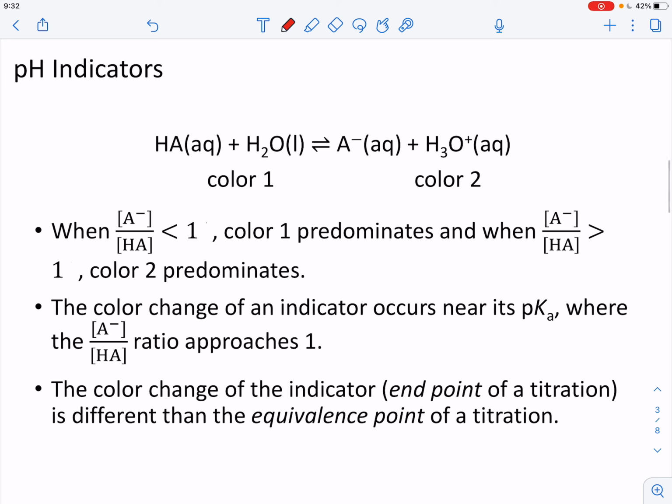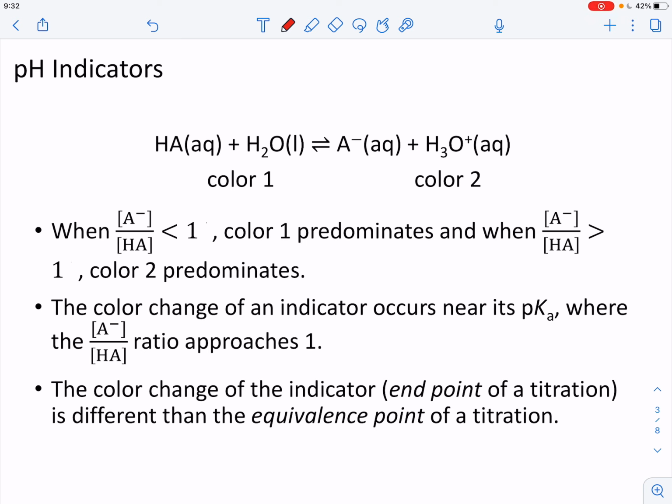Okay, and what we are looking at here is that, if the indicator is in itself a weak acid or a weak base, then it will have an acid-base equilibrium, and potentially it will also act as a buffer, right? So there would be a range of concentrations in which you may have a mix of colors, or one will be predominant.